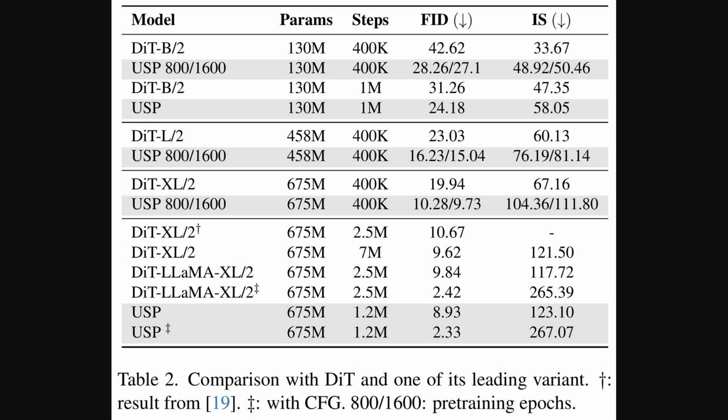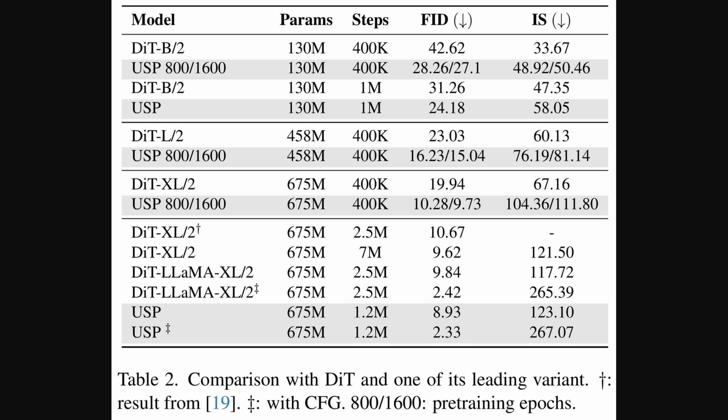Okay, so we just saw how the USP pre-training works, and this Table 2 gives us some concrete numbers on how well it performs for image generation compared to standard models like DiT. It's comparing performance using FID and IS scores.